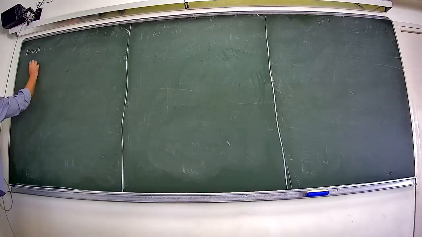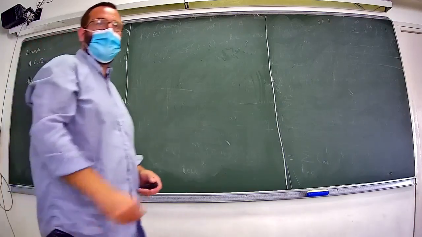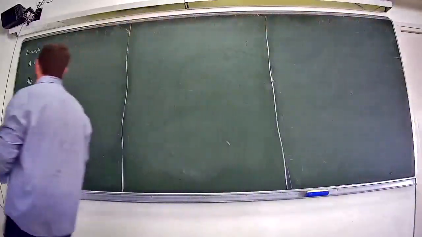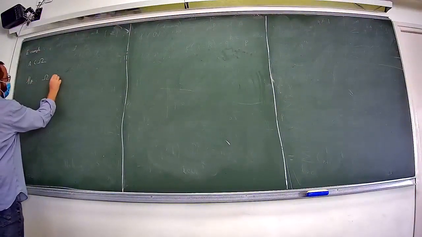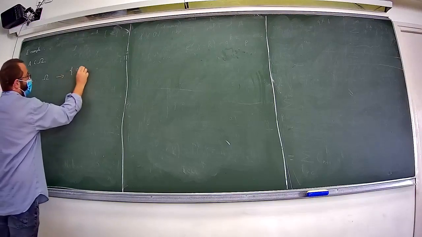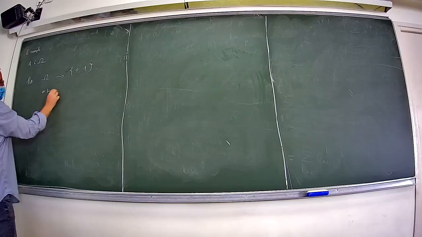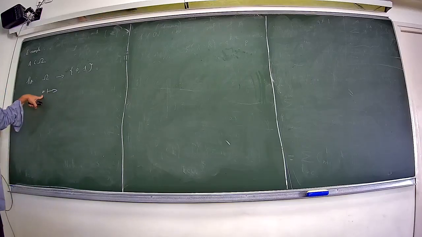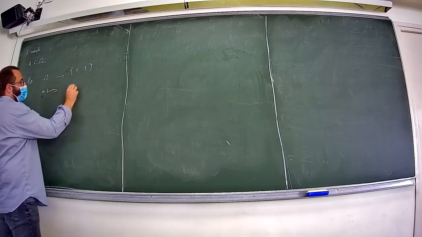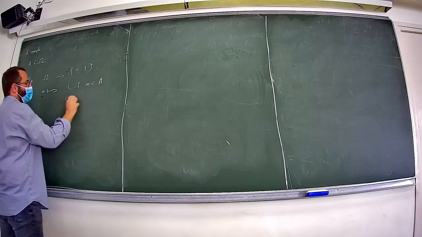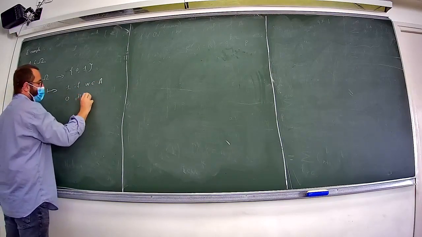If I have a set A that is included in my universe, we have defined together what was the indicator function of A. The indicator function of A was a mapping from omega into {0, 1}, such that it associates to any element omega, 1 if omega belongs to A, and 0 otherwise.